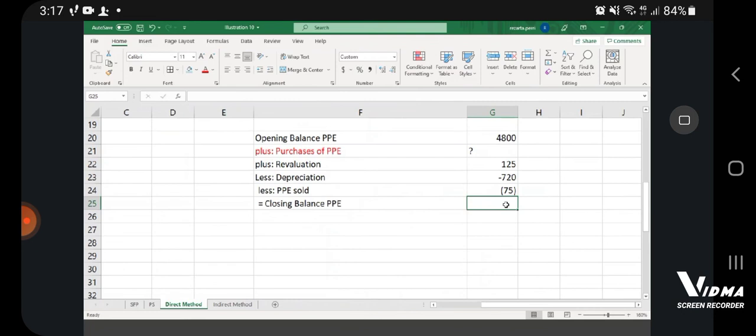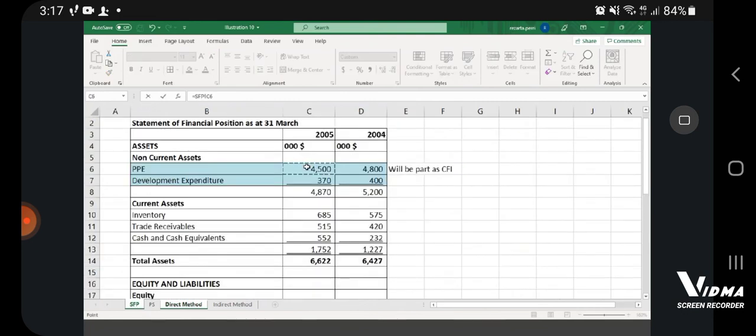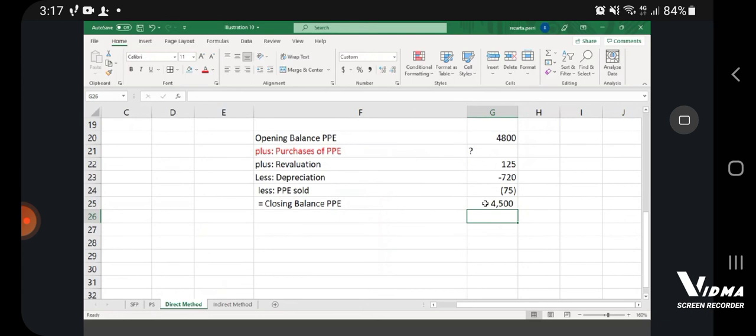Less 75. Okay, and how much is the closing balance of the property, plant, and equipment? That is 4,500. Okay, so the only piece of information missing over here is this one. How can we calculate? Using, again, the formula.